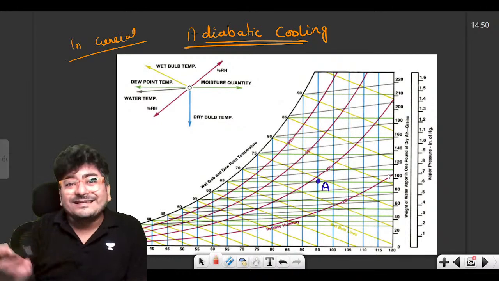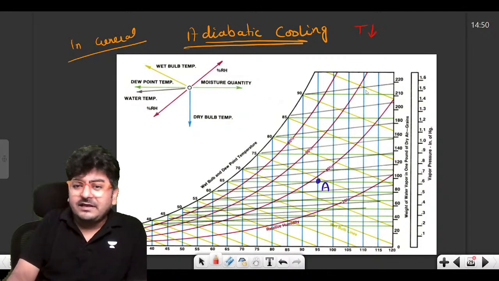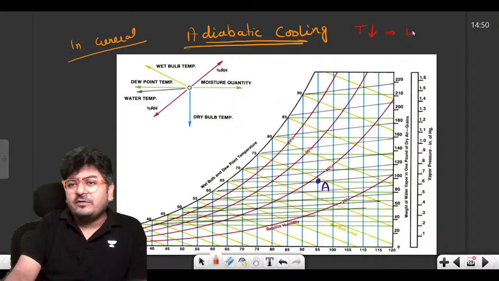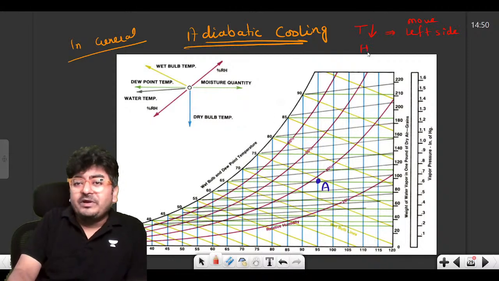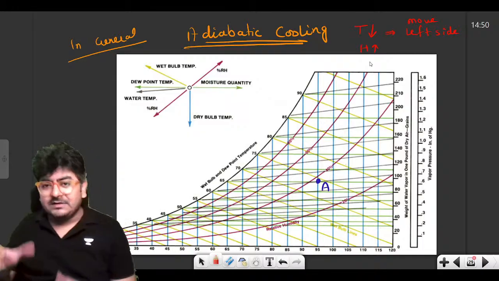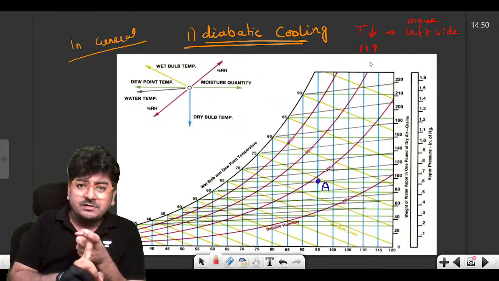So you guys can understand adiabatic cooling means the temperature of air is decreasing. So obviously it has to move on the left side. Correct? But due to adiabatic cooling, humidity of air will increase. Like you must have seen the concept of adiabatic saturation temperature.